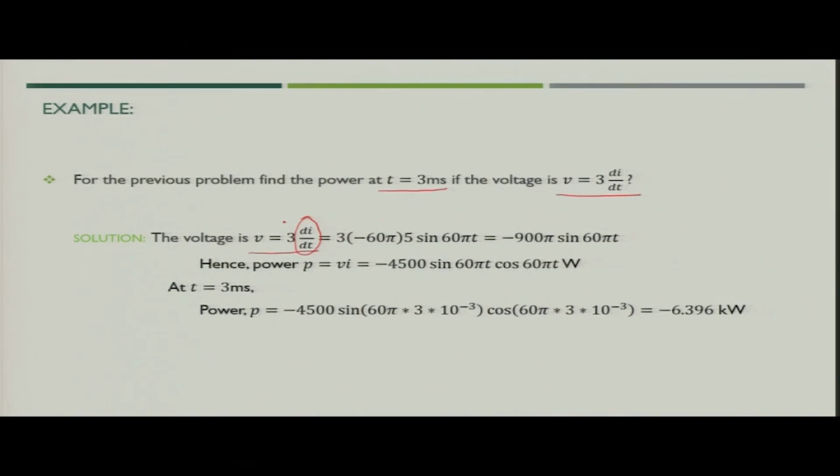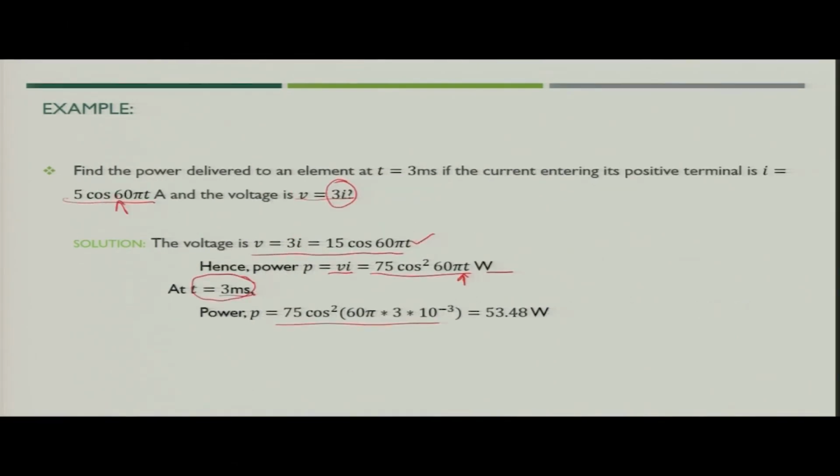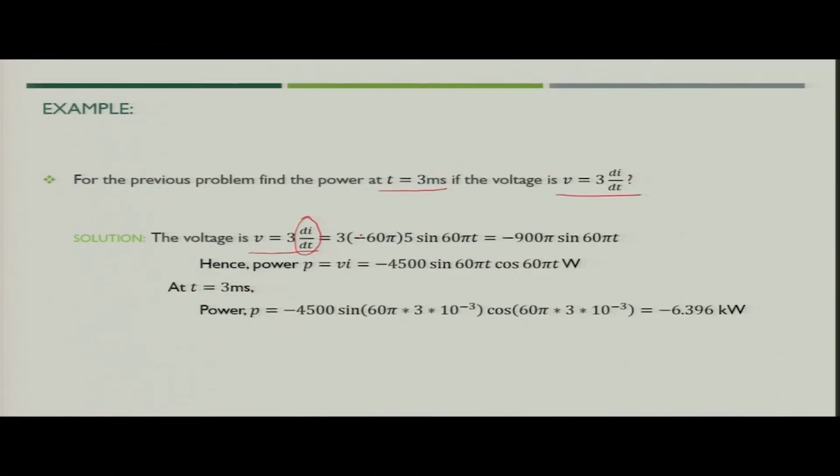So, current i which we saw in the previous example was 5 cos 60 pi t. If you differentiate you will get minus 60 pi into 5 sin 60 pi t, and with this you will get the value of voltage v as minus 900 pi sin 60 pi t.